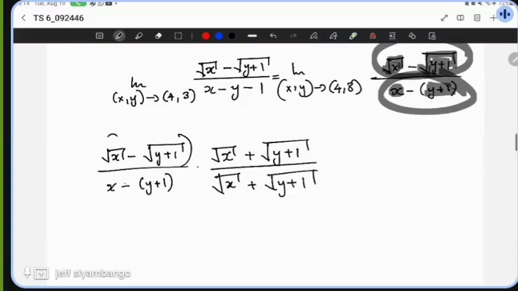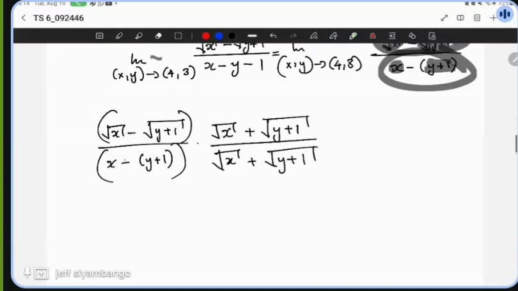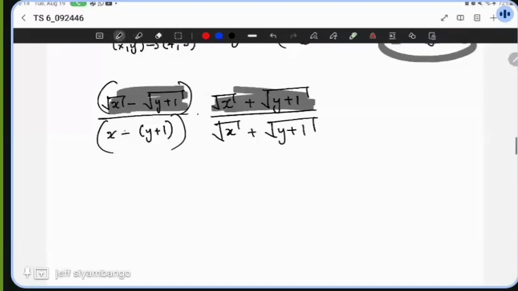So in this case, the first part is basically just going to be a difference of 2 squares. It's going to be the first term squared minus the second term squared. So the first term squared, we're going to have x, because the square root is going to disappear, minus the second term squared, where the square root is also going to disappear, y plus 1.